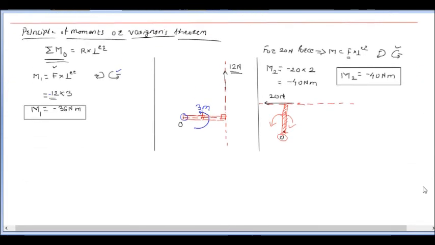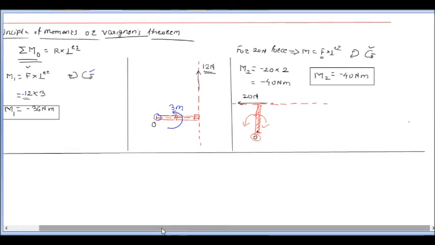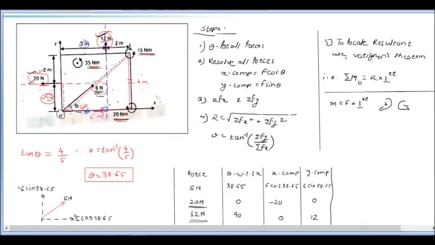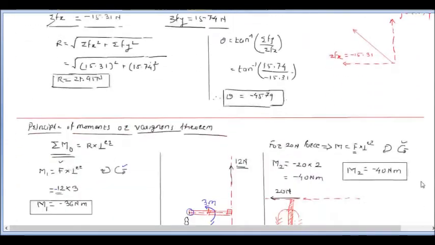Now we'll see the moment because of the last force. Where is that last force? It is nothing but the 6 Newton force, and the 6 Newton force is acting at point O only. So I will first simply draw that 6 Newton force.